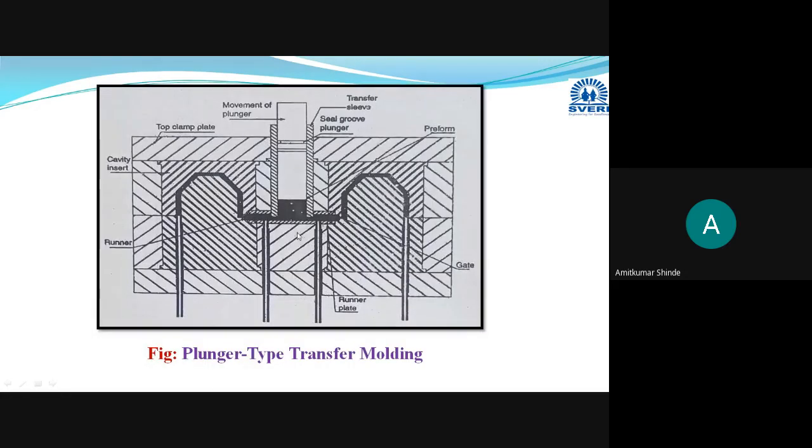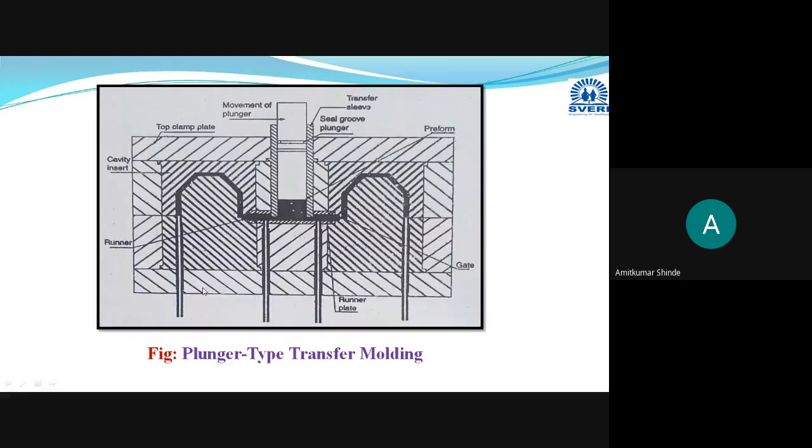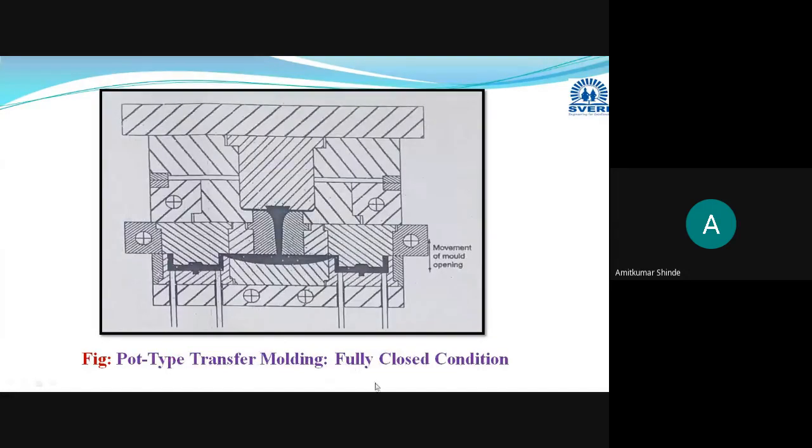This is the plunger type. This is the pot, the transfer pot, and through the horizontal channels, this charge will get transferred into the cavities. This is the plunger type transfer molding process. Okay, this is pot type. Through vertical channels, it will get transferred in this. Through horizontal channels, it will be transferred.